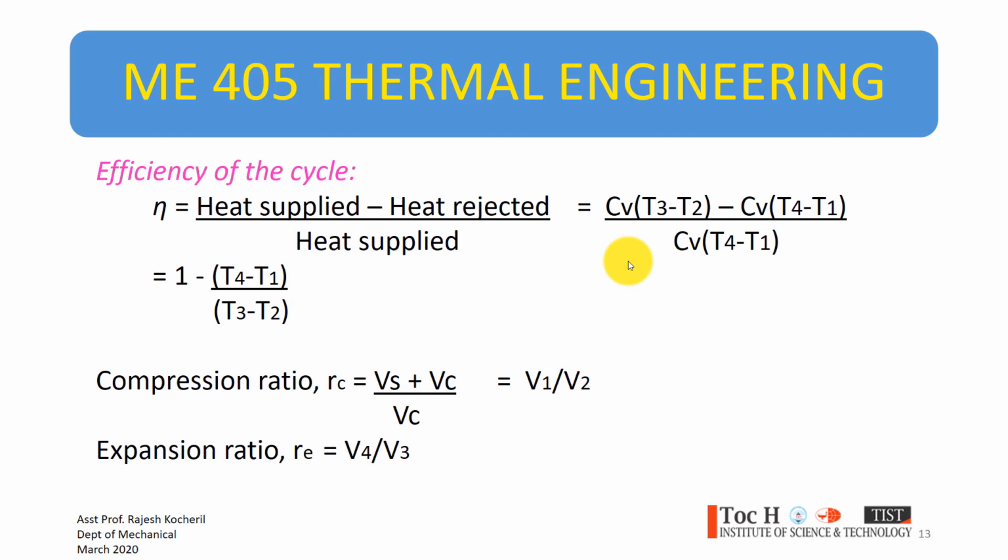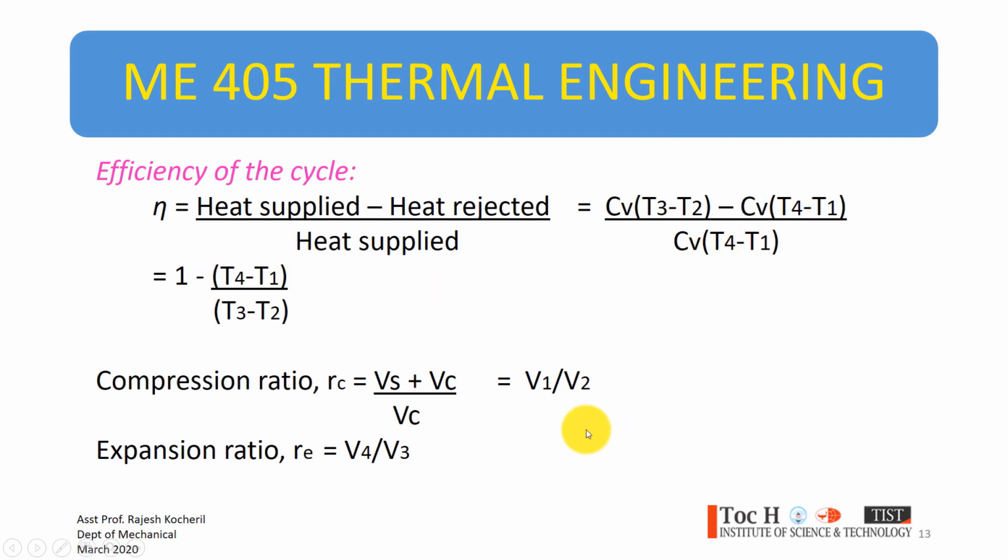Therefore, the value of gamma for air, this is only for air, is 1.4 and there is no specific unit for it, and gamma is Cp by Cv.